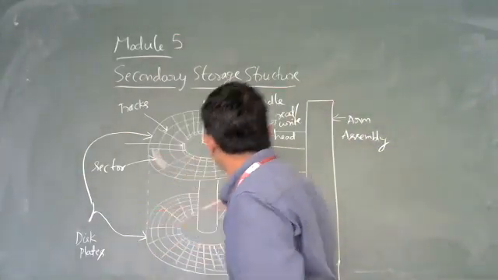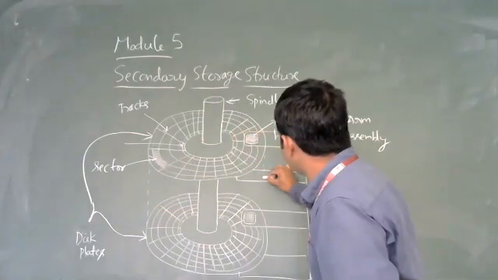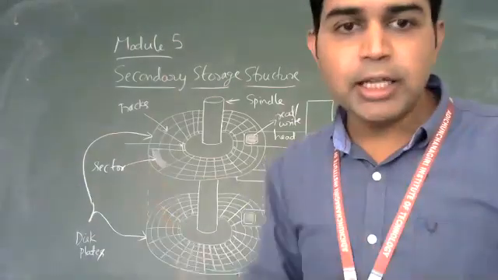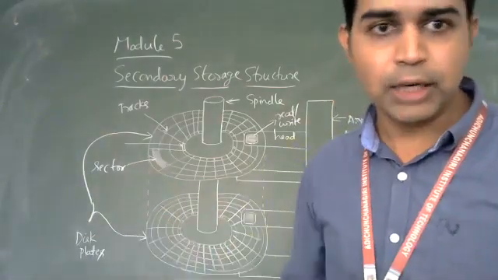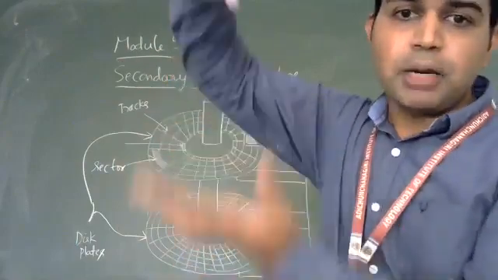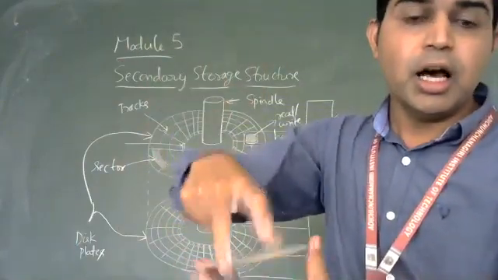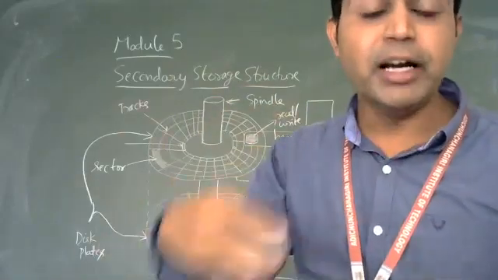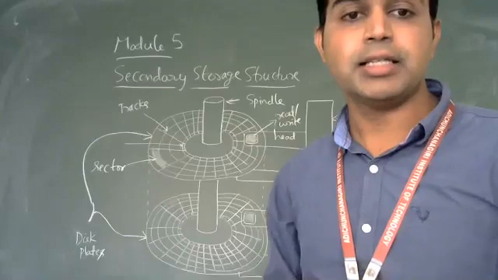That dotted line looks like a cylinder, correct? So many disk plates are placed one above the other in your hard disk to form that big storage capacity of a hard disk.